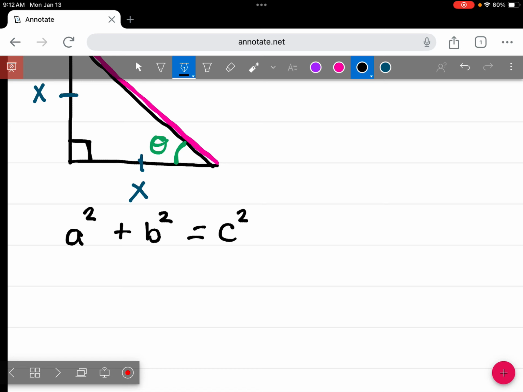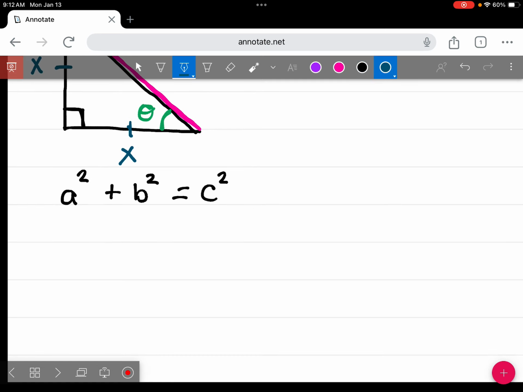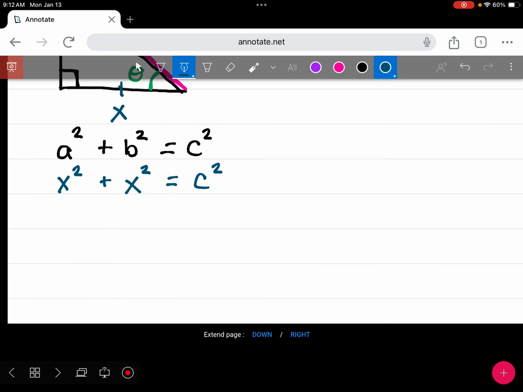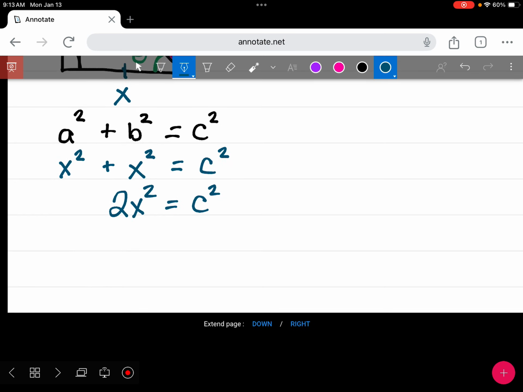It's still a right triangle, even though it's isosceles. So we're going to substitute in our pieces. We're going to have our x squared plus x squared is c squared. What does that simplify down to be? 2x squared is our c squared. So what is c going to be?